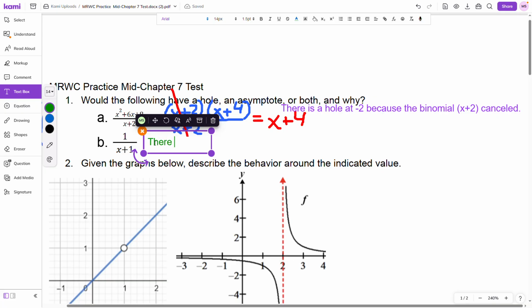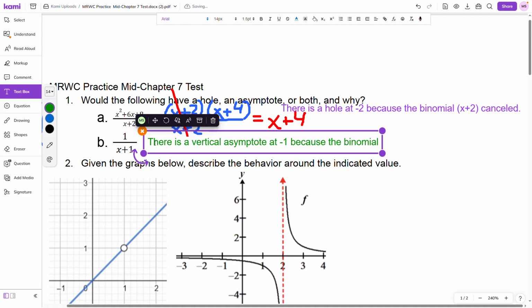Okay, there is a vertical asymptote at negative 1 because the binomial x plus 1 doesn't cancel.